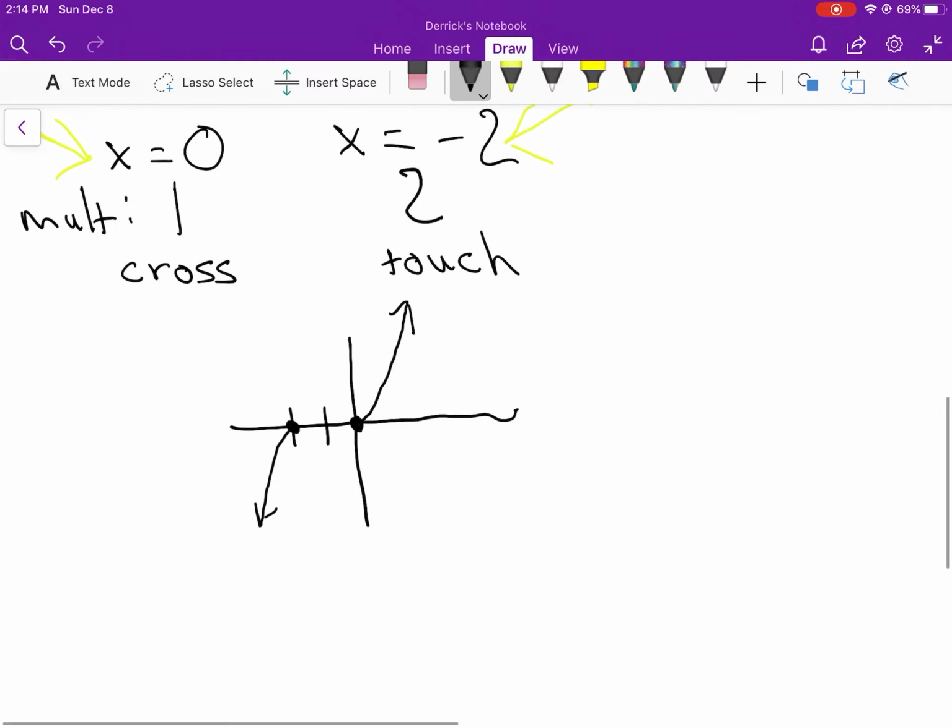But now the question is, what's the middle of that graph look like? Well, at 0, it's supposed to cross. Right? We said right here, when we found x equals 0, its multiplicity was 1, so it's supposed to cross. Whereas at negative 2, it's supposed to touch.